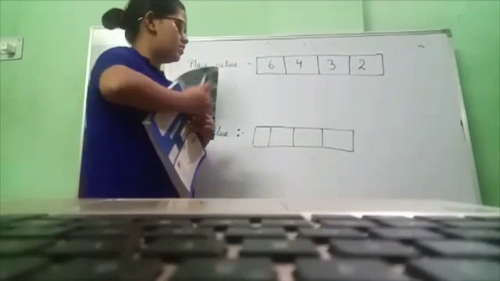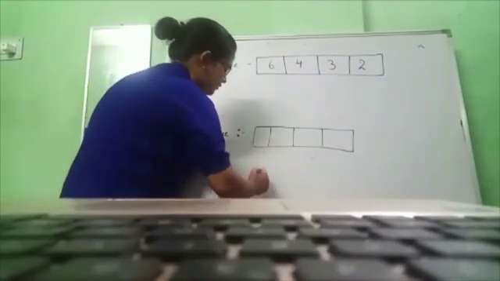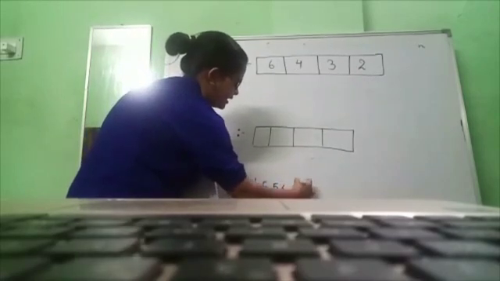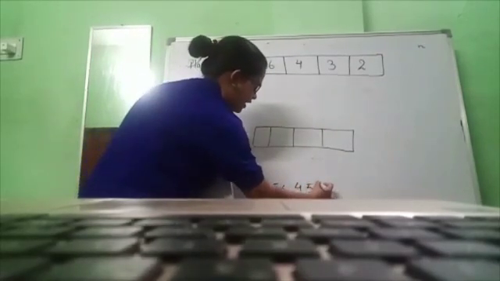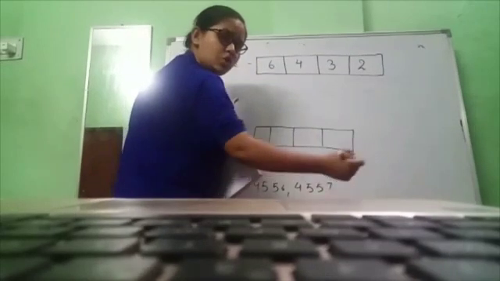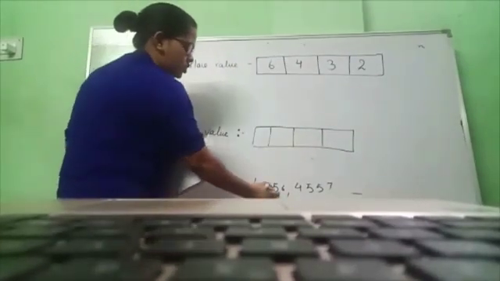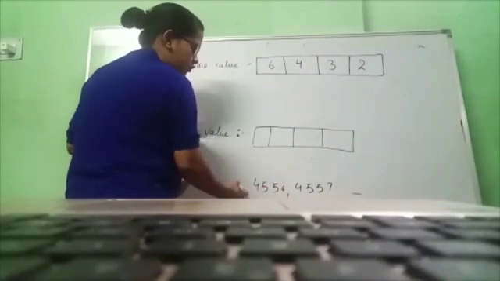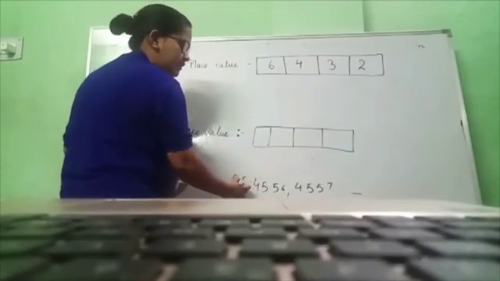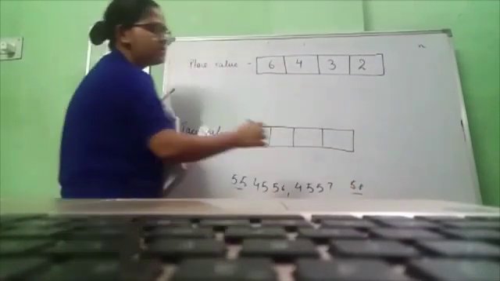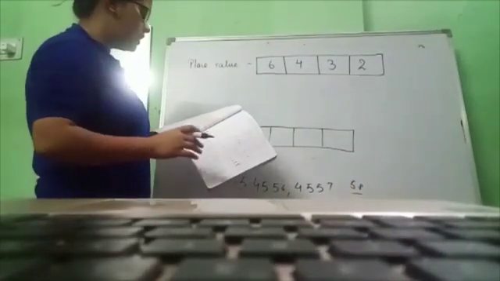If there is 55, 57, you have to tell the before and after. So you should know that before 56 will be 55 and after 57 will be 58. In this way we will fill up the missing numbers, right?